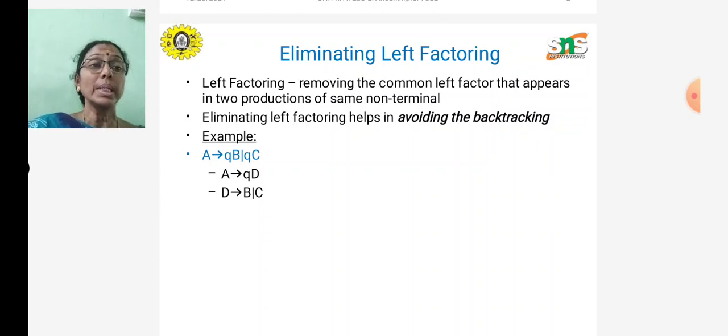To avoid this backtracking, we left factor our grammar.